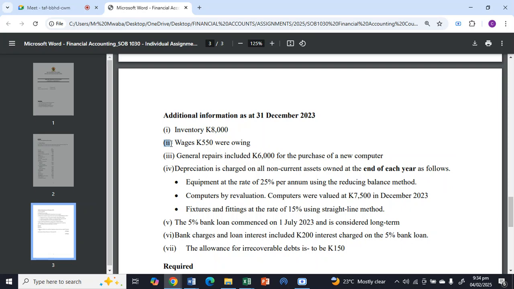Additional information number two, wages 550 kwacha are owing. Yes. So this is an accrued expense.